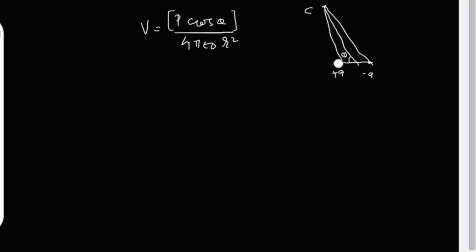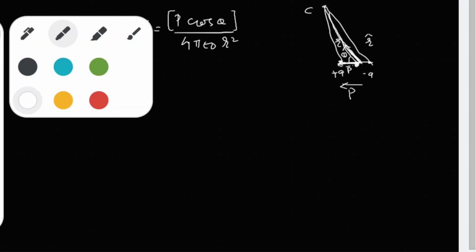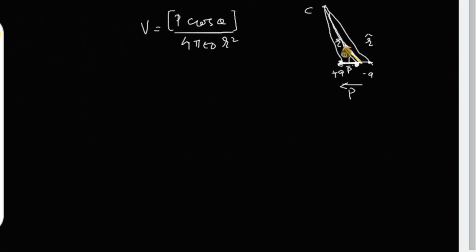Now the electric dipole moment is p, directed from the negative to the positive charge, so this is small p. Now this is the distance r. In this direction I am taking a unit vector, denoted by r cap. Are you getting it? It is in the direction of the distance.